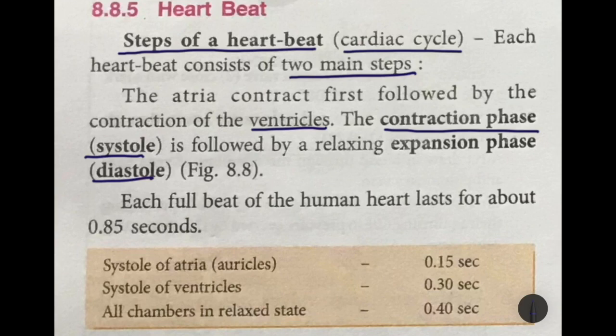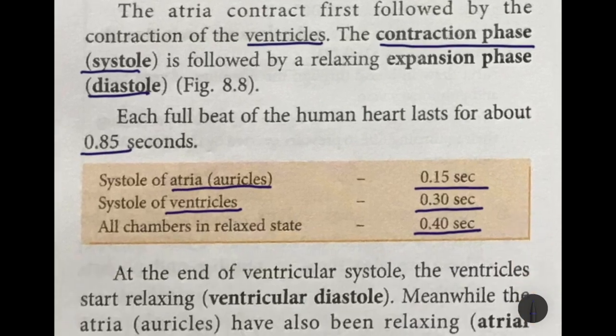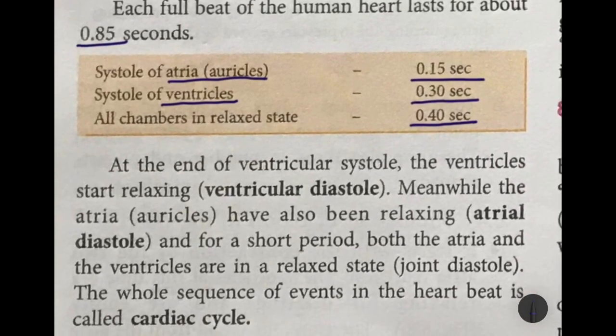That is the contraction of the auricles, that is atrial systole, about 0.15 seconds. Contraction of the ventricles, that is ventricular systole, 0.30 seconds. And both the chambers, the auricles and the ventricles, in a relaxed state, 0.40 seconds. So that makes a total of 0.85 seconds.